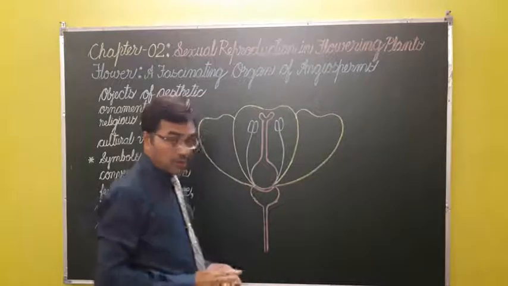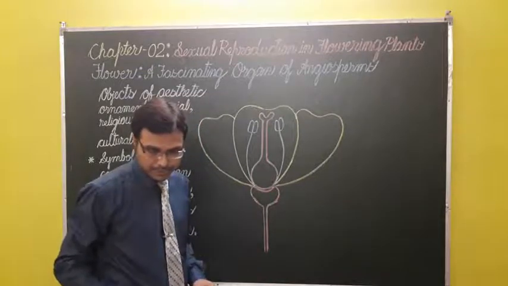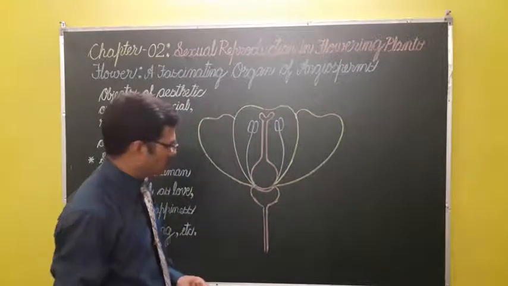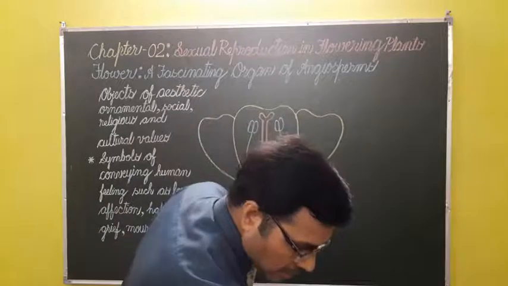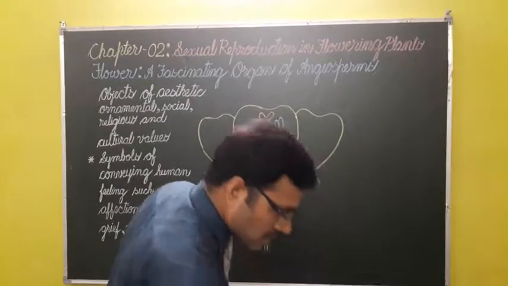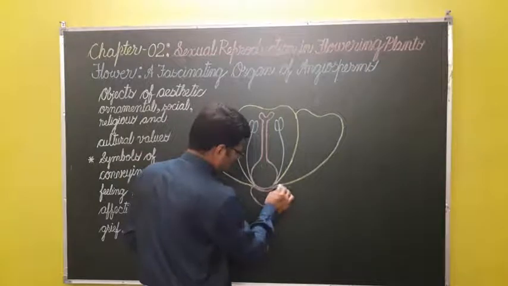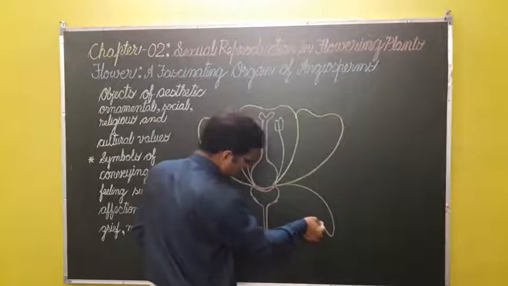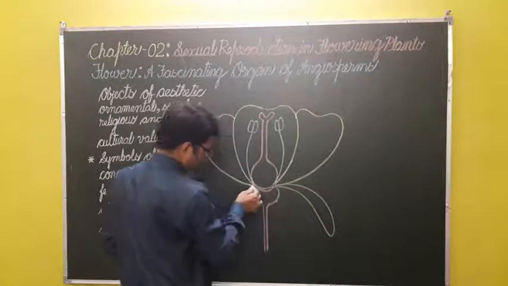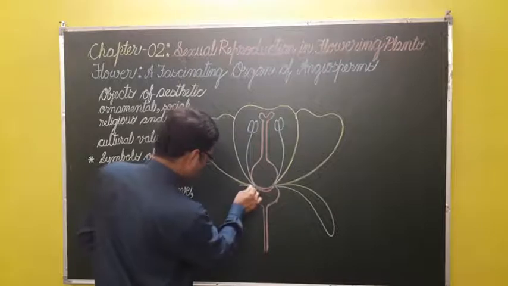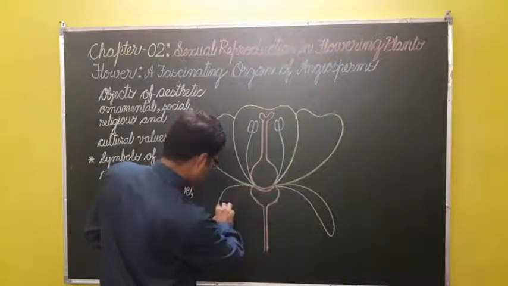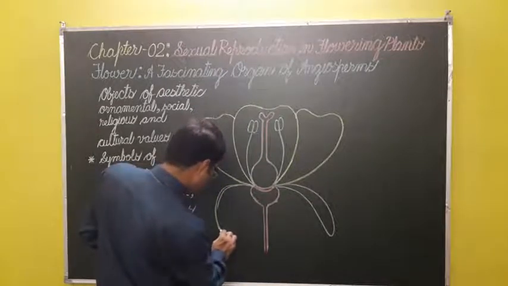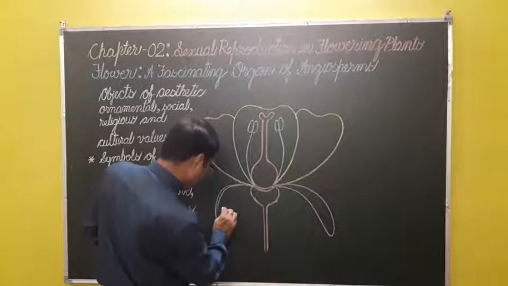Now the outermost whorl of the flower, that is the calyx, collectively called calyx. This is the outermost whorl of the flower.